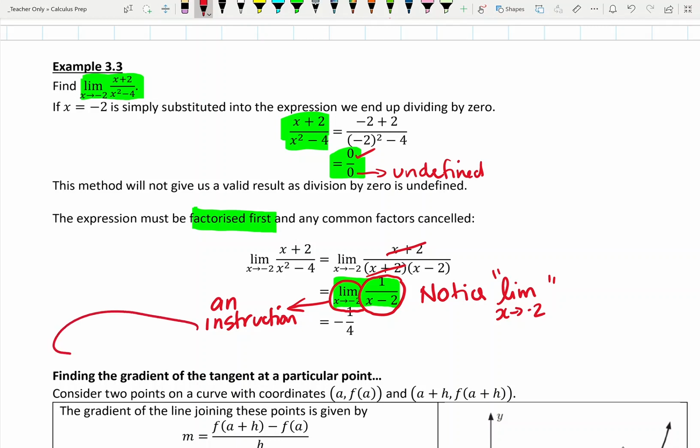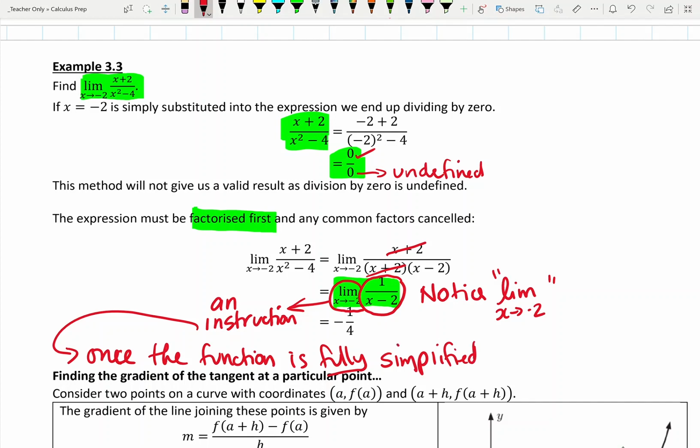So I'll write that down: once the function is fully simplified, sub in x = -2. So that's what the limit statement is telling us to do. And until you've simplified it, you must keep writing down the limit. If you forget to write it on your line of working, you lose marks for it because it's extremely important.